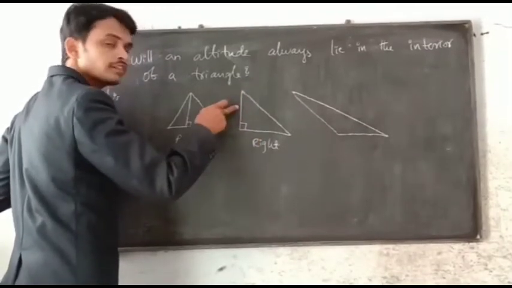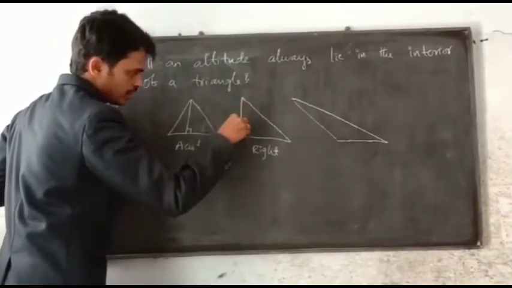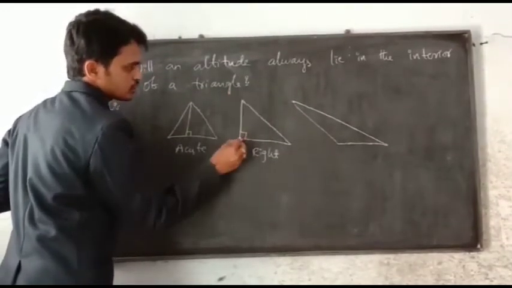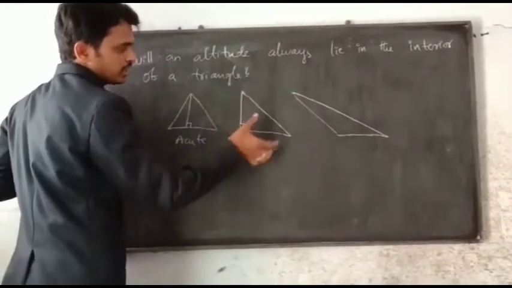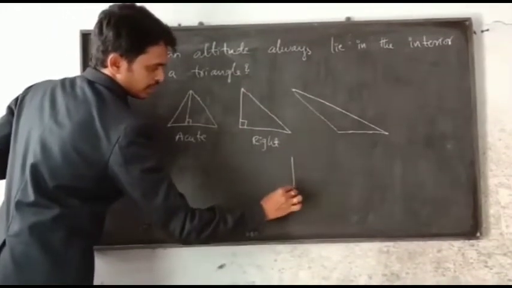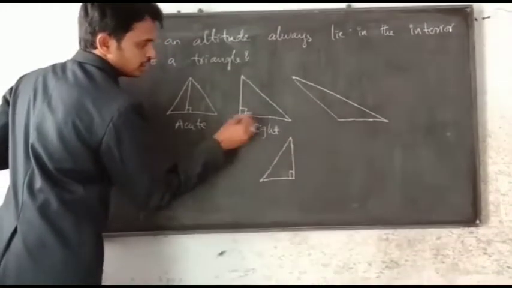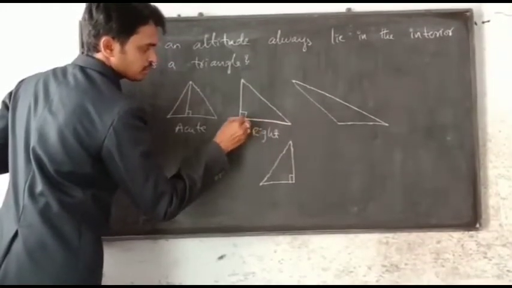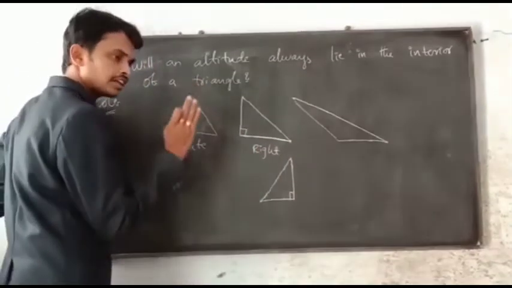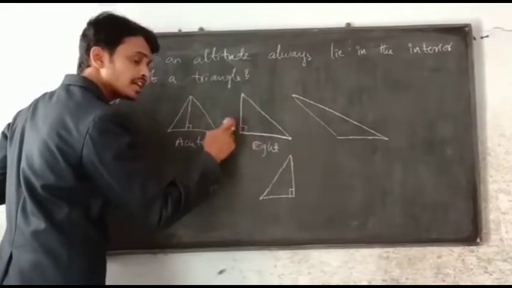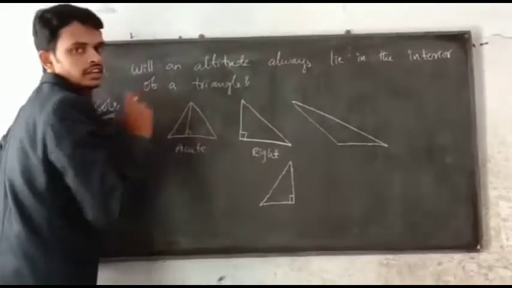This side also is a height of the triangle. It is a perpendicular line segment joining a vertex to its opposite side. And if we rotate this triangle like this, and like this, then it is also a perpendicular line segment joining from a vertex. So in a right angle triangle, the other 2 sides are altitudes, heights of the right angle triangle.